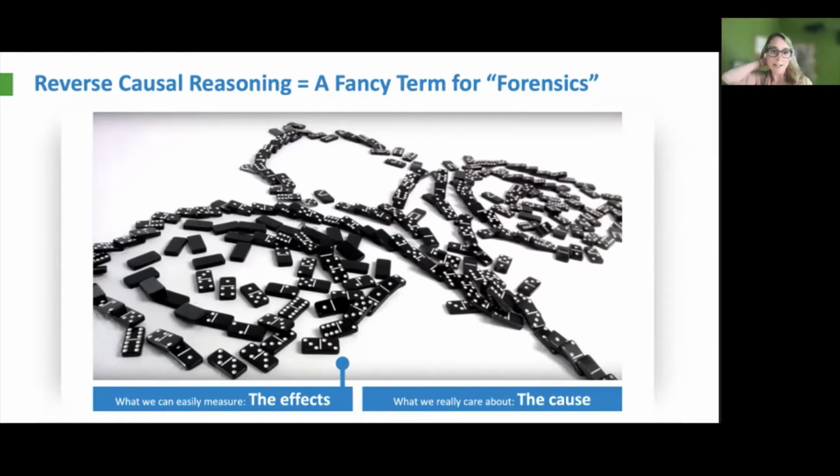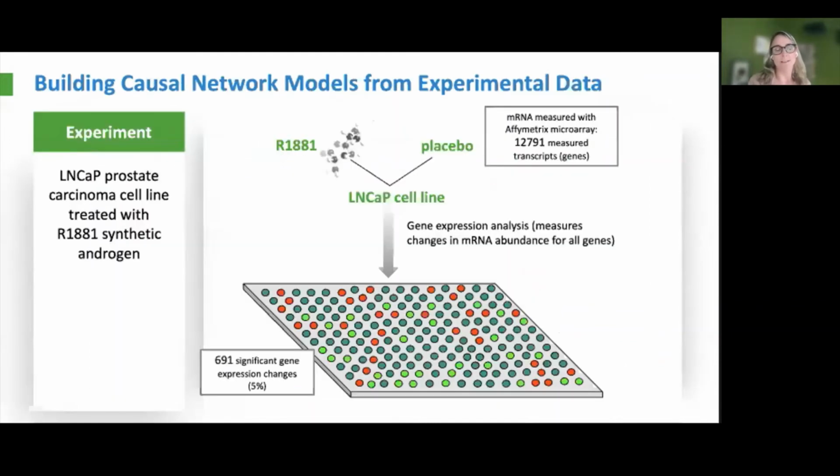You may have many piles and many who's that knocked over the dominoes, but really you are looking at the scene of the crime, which might be an RNA-seq experiment, and you're saying, who caused this? And you're using the knowledge base to do that.